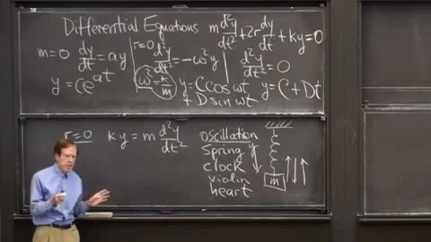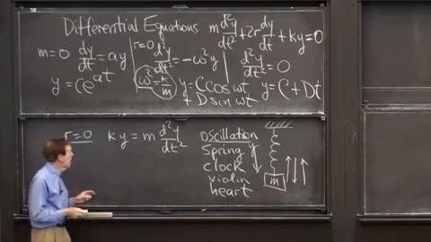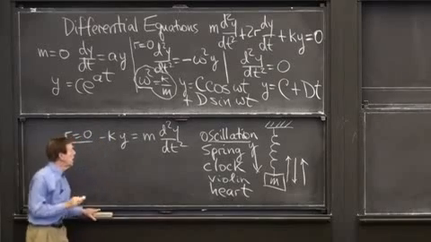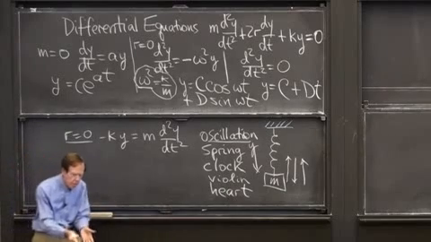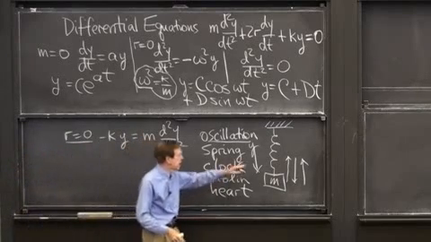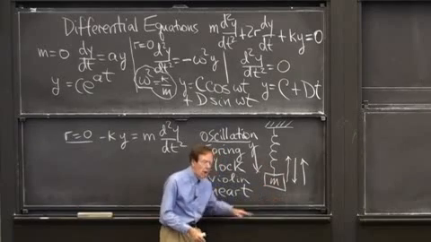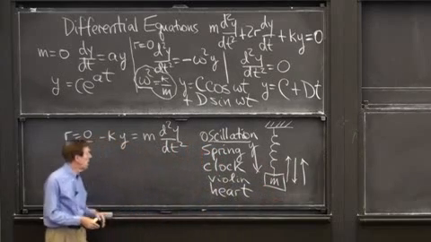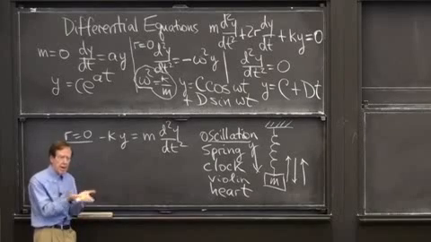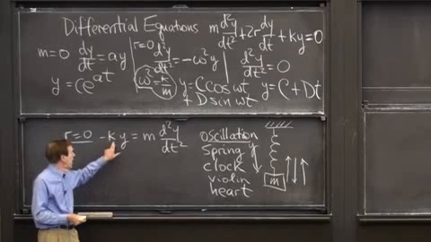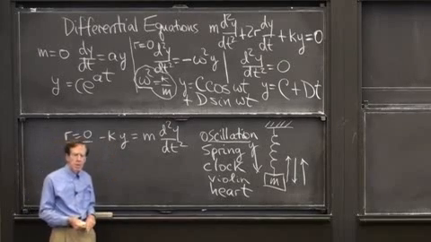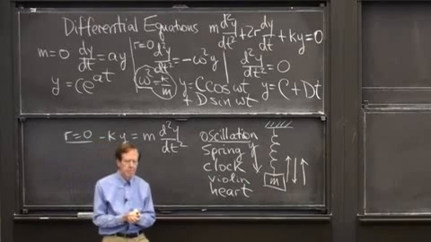It's pulling opposite to a positive y. When y is positive and the spring is way down, the force is pulling it up, in the negative direction, upwards. So I need that minus sign. That k is the stiffness of the spring.